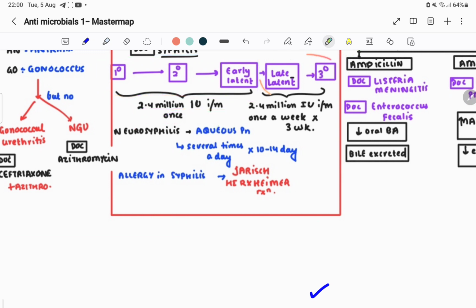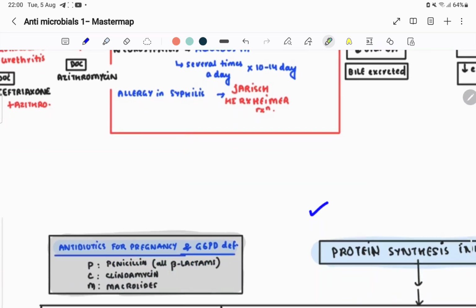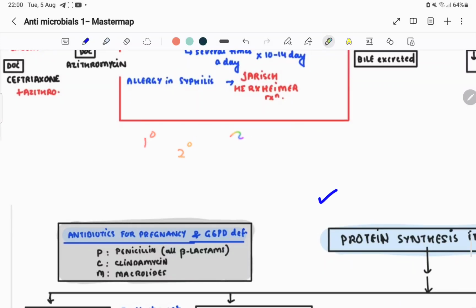But in late latent and tertiary syphilis, we give 2.4 million international unit IM once a week for 3 weeks.